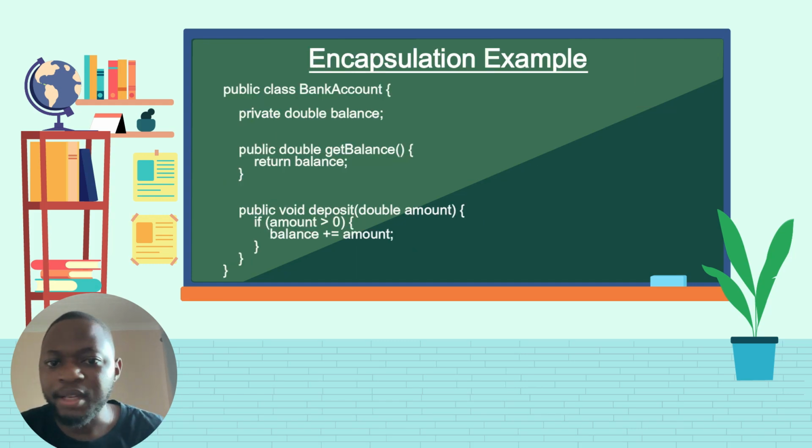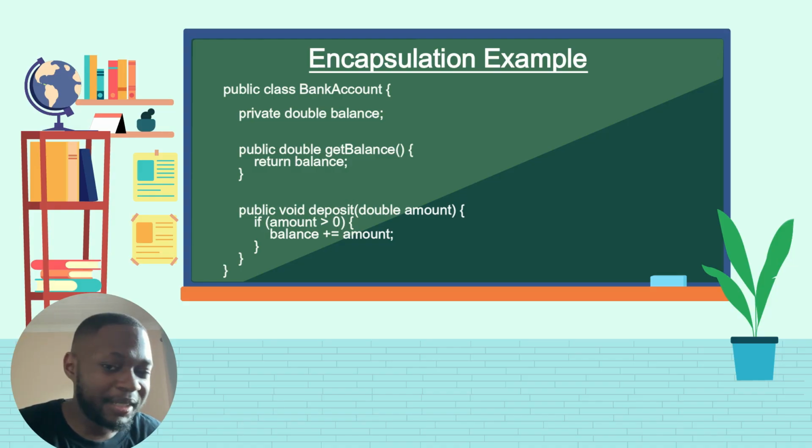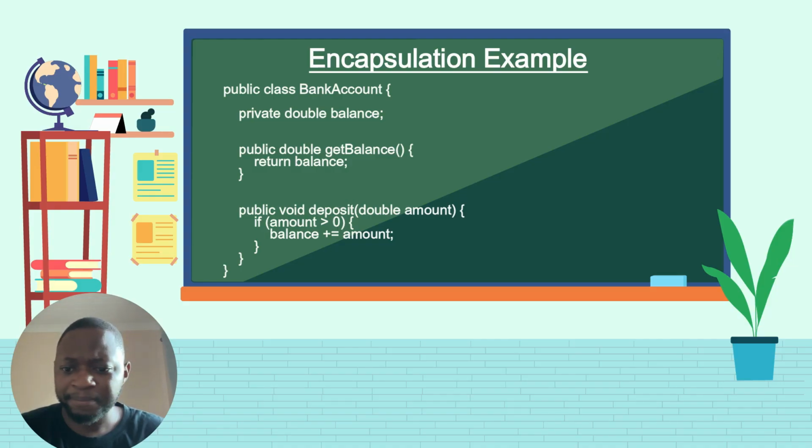So an encapsulation example would be a bank account. We have our bank account class, and our bank account class has the balance. A balance is the amount of money that you have in the bank. So that's super private. You wouldn't want anyone playing around with that.